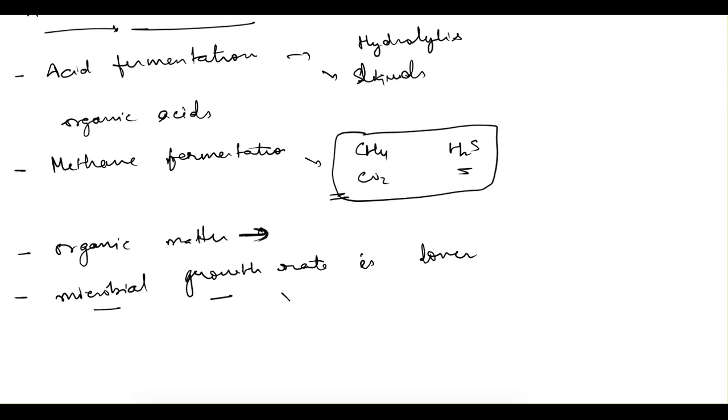Because of that, biomass is not very high, and overall the sludge production is lower compared to the aerobic processes.